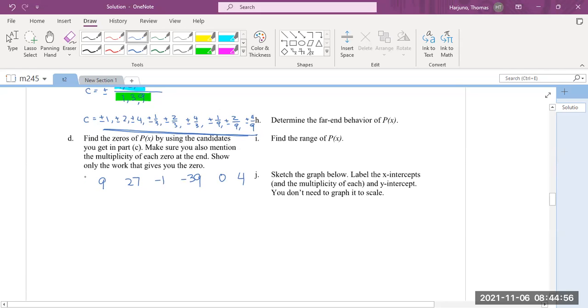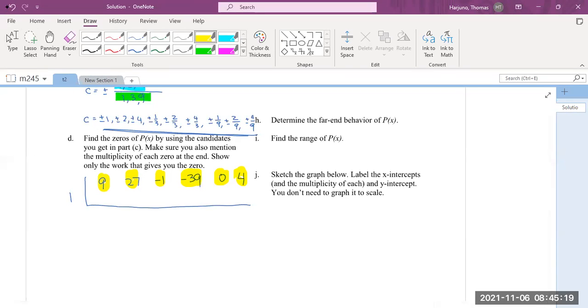The one I will try first is 1. You do this on your scratch paper. But I know 1 will be a 0 because when I add the coefficients, the total is 0. If the sum of the coefficients of a polynomial is 0, then 1 is a 0.